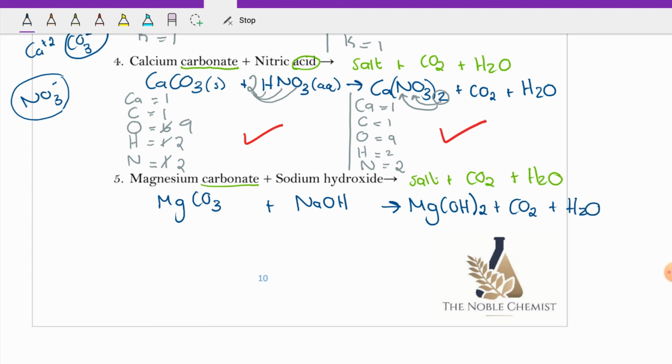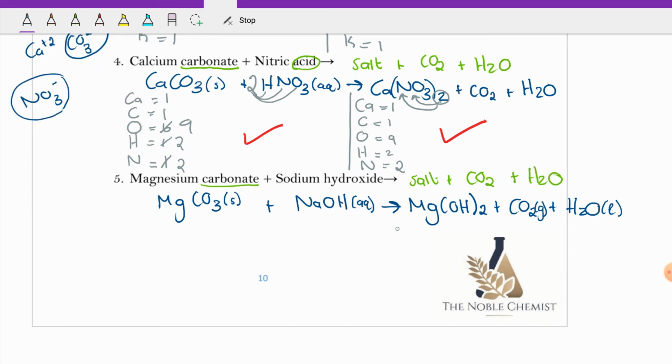Okay, so once again, depending on what the reaction told you, they weren't very specific, but then based on what they tell you, you can just put in your states: gas, liquid, and so on. And this would also then be in solution.